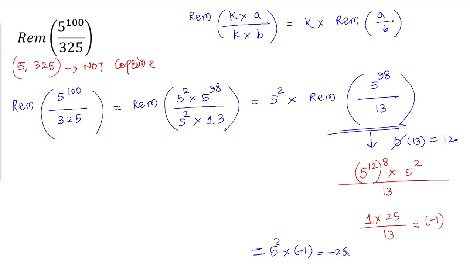It is a negative remainder. How to convert this negative remainder into a positive remainder? We are dividing by 325, so 325 minus 25, the answer is 300. So the remainder is going to be 300.